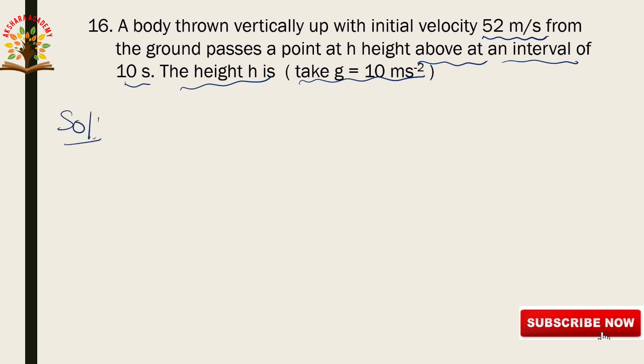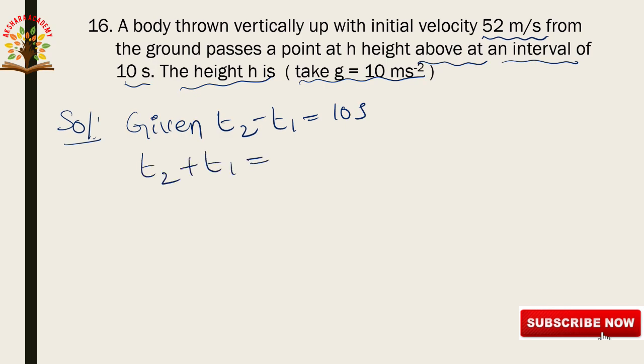Here the given interval of 10 seconds is t2 minus t1 equal to 10 seconds, and t2 plus t1 is equal to the total time, that is 2u by g.